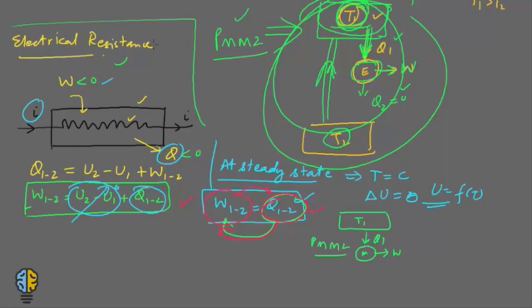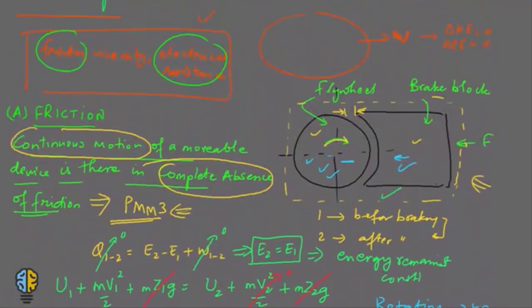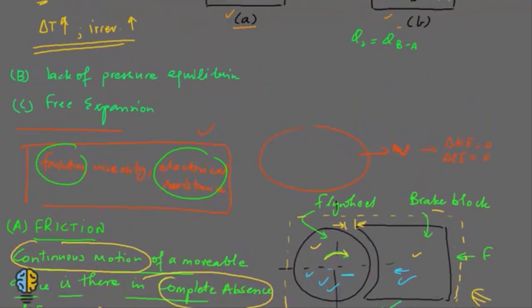Okay, so this is how we demonstrate the irreversibility caused due to the electrical resistance. Now this finishes this long video on the causes of irreversibility. I hope you understood this. Now in the next video, let's move on to a very important cycle, that is the Carnot cycle.